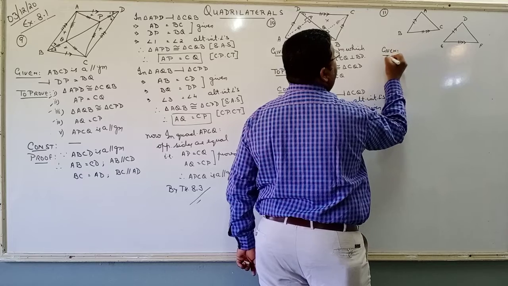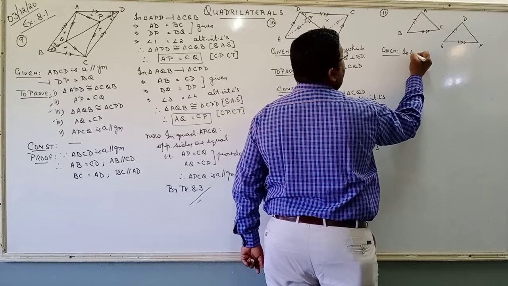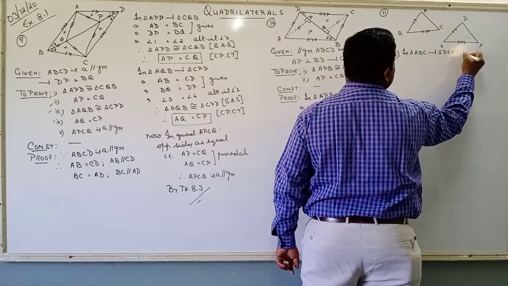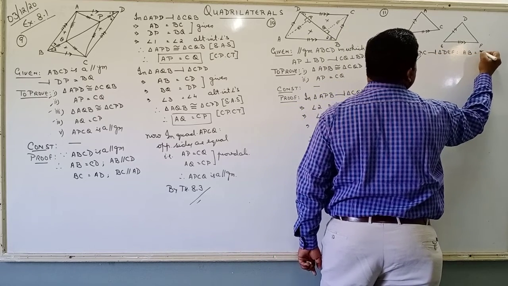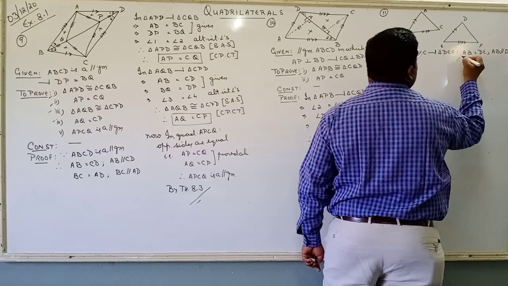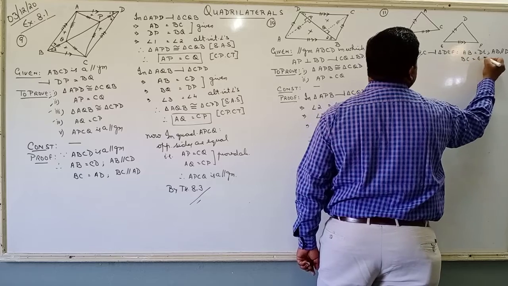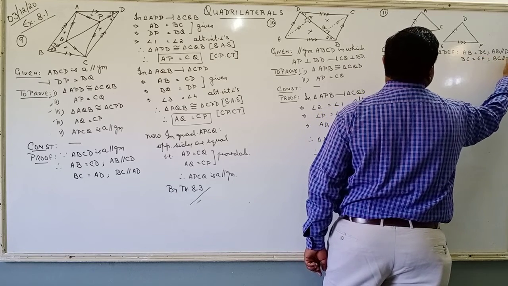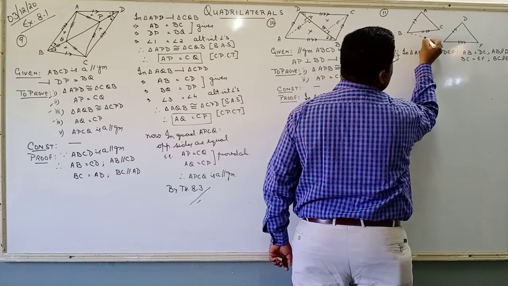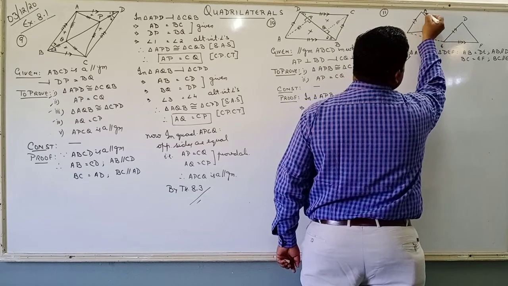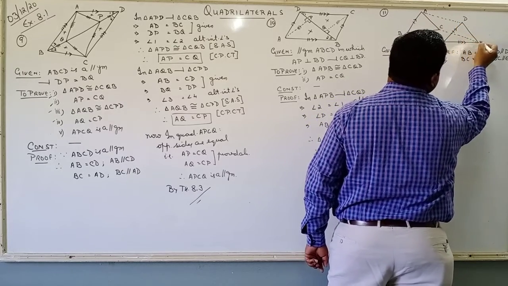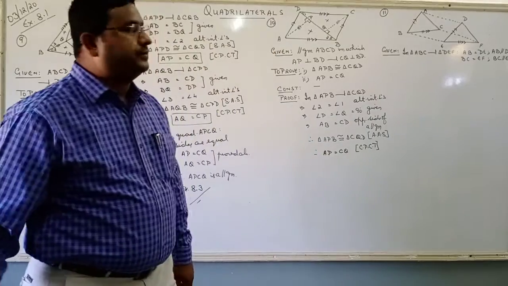We are given in triangle ABC and triangle DEF, AB is equals to DE, AB is parallel to DE, BC is equals to EF, BC is parallel to EF. Now we are joining B to E, A to D, and C to F. Right? We have joined it.